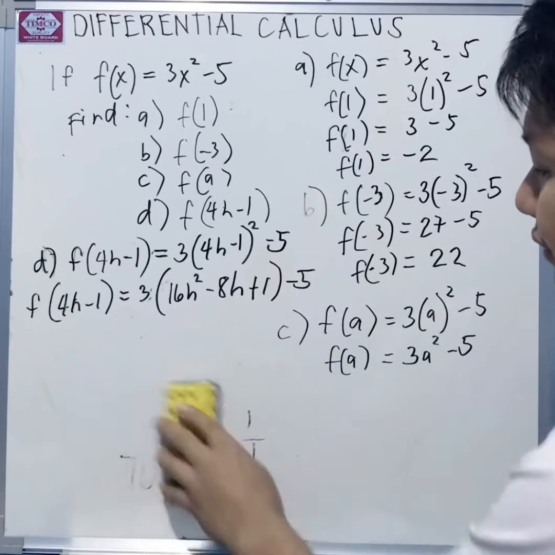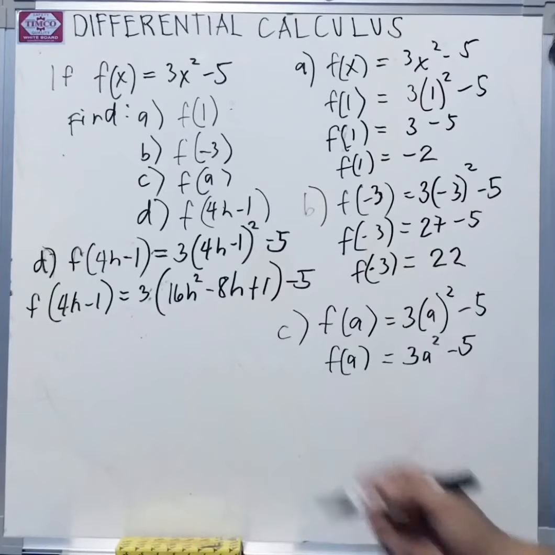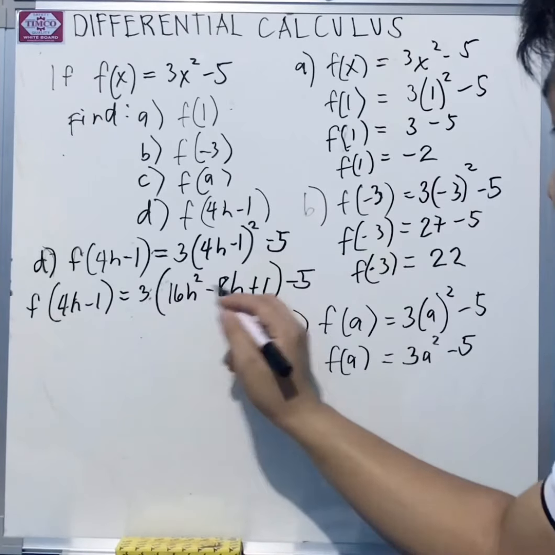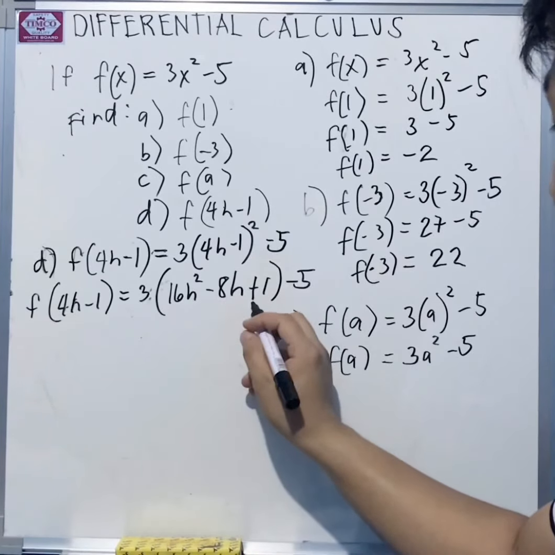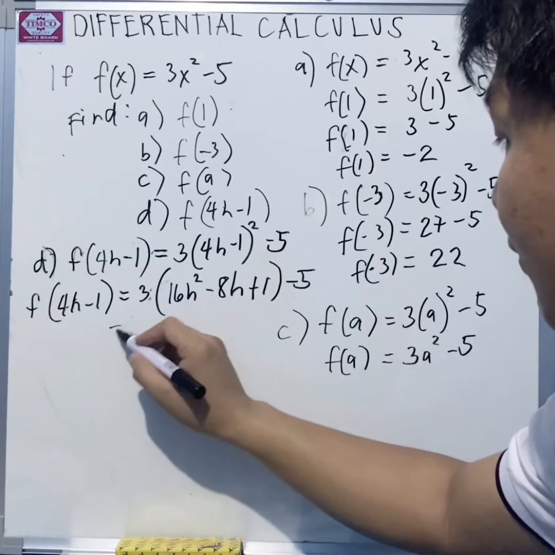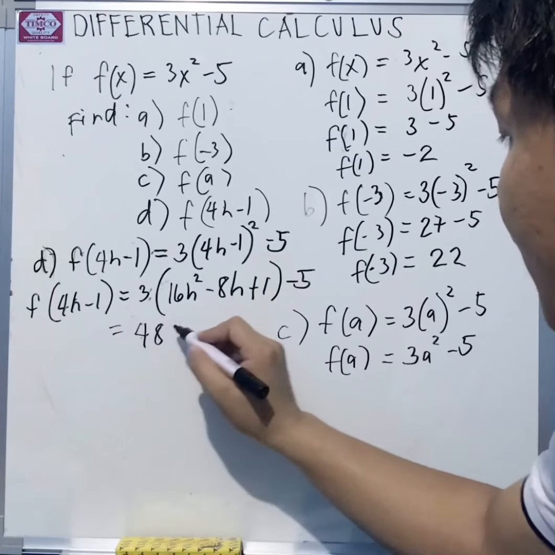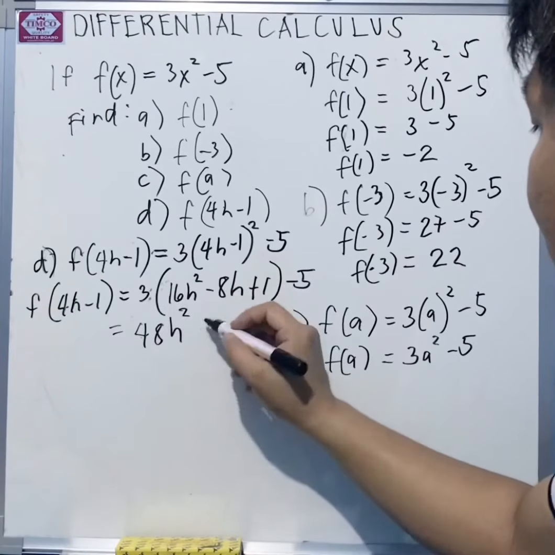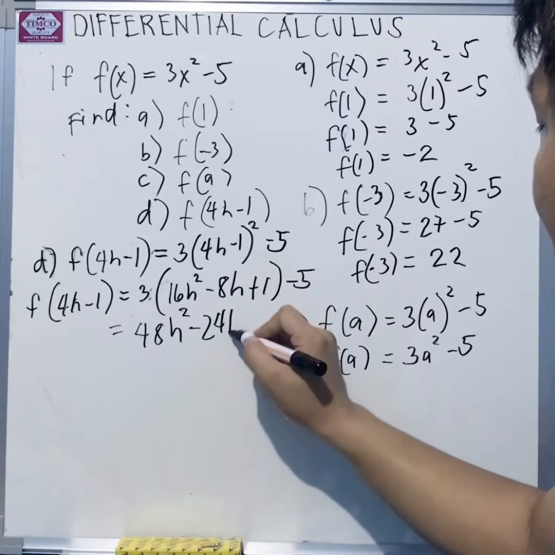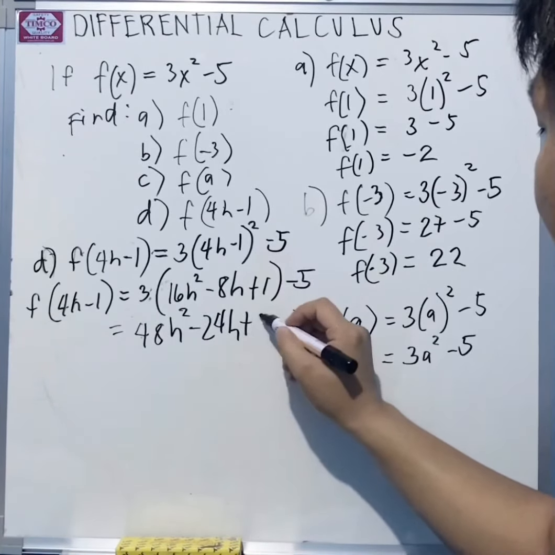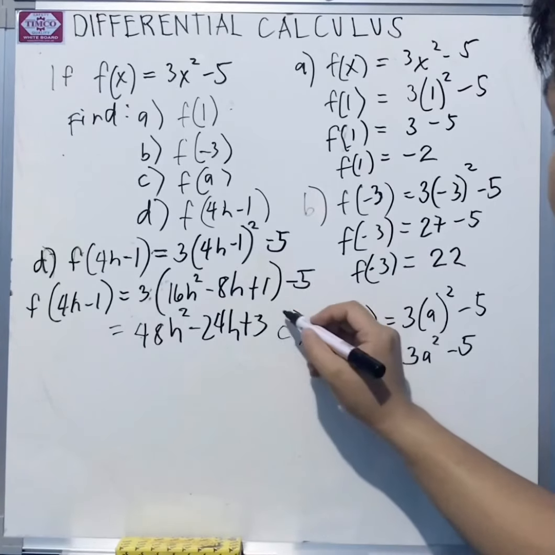In-expand lang natin. Distribute natin yung 3 sa loob ng parenthesis natin. So, we have 48h squared minus 24h plus 3, minus 5.